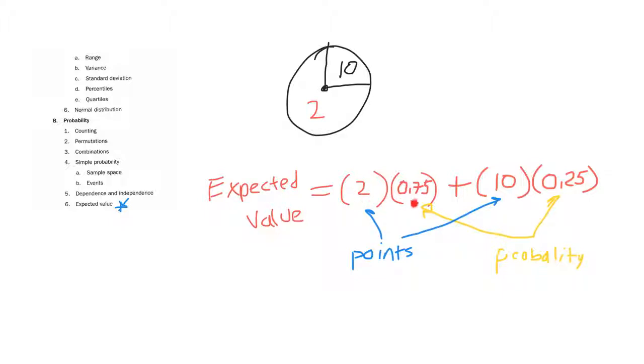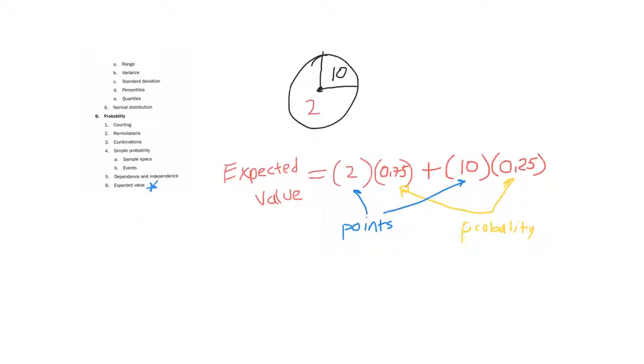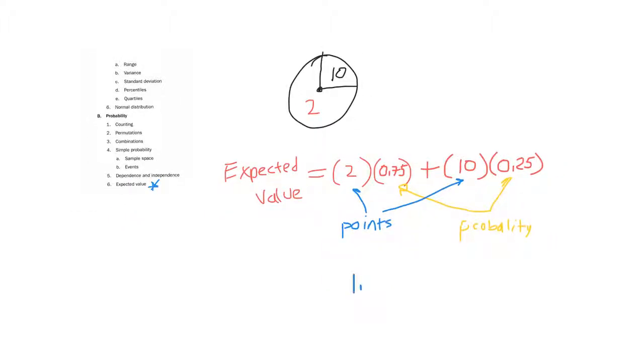And in this case, 2 times 0.75 is 1.5. So we're going to write that right now. 1.5, and that's going to be added to 10 times 0.25, which is really 2.5. And when I add those together, I'm going to get 4.